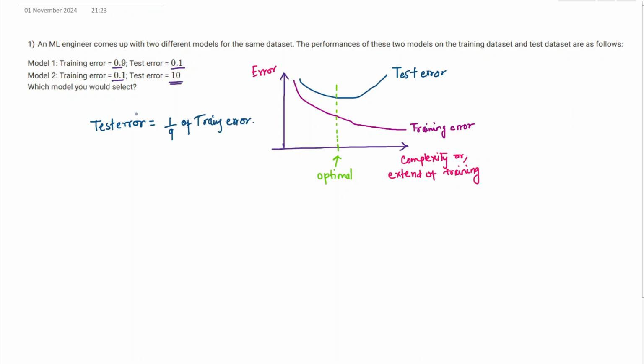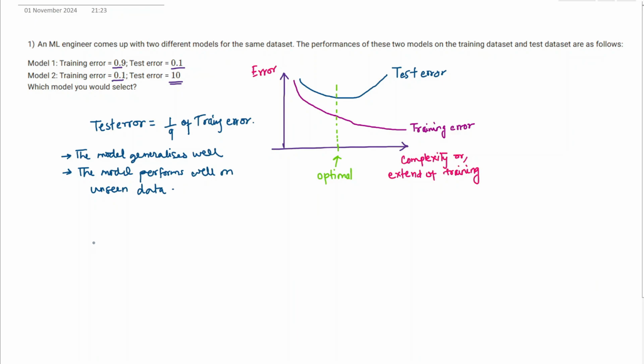And what does that mean? That means the model generalizes well, or you can also say the model performs well on unseen data. This is the data that the model has not seen during training.